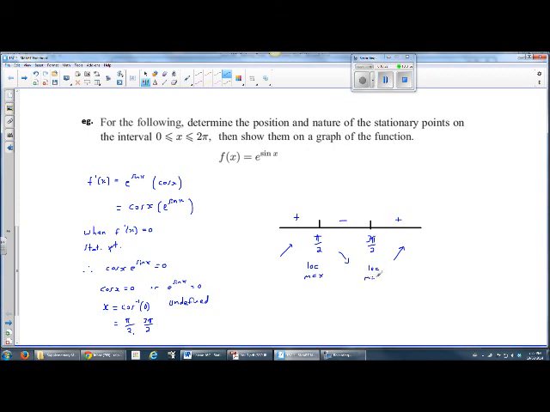When I substitute pi by 2 and 3 pi by 2 into the original function, I find that the local maximum is at pi by 2, e, and the local minimum is at 3 pi by 2, 1 over e.